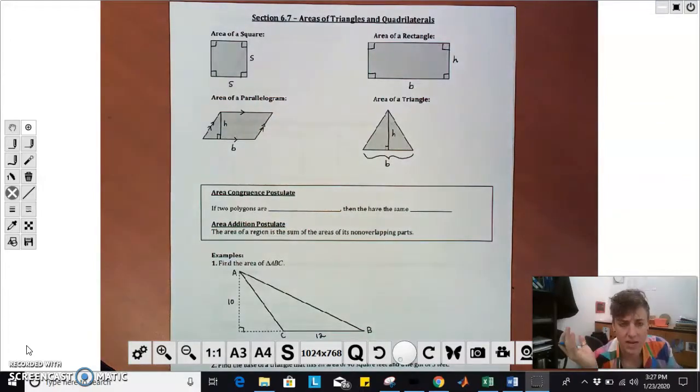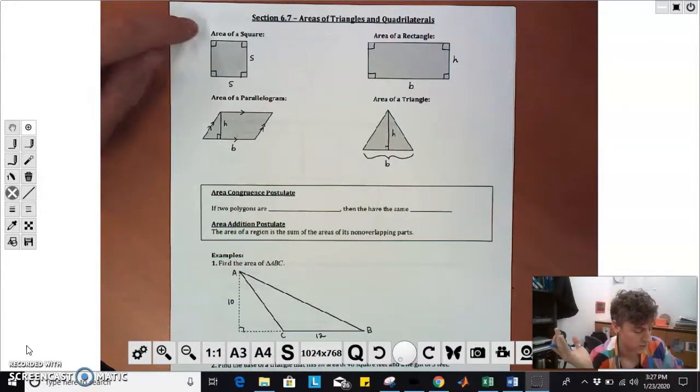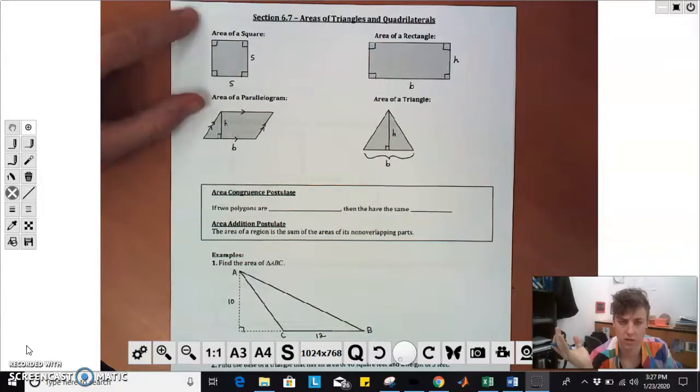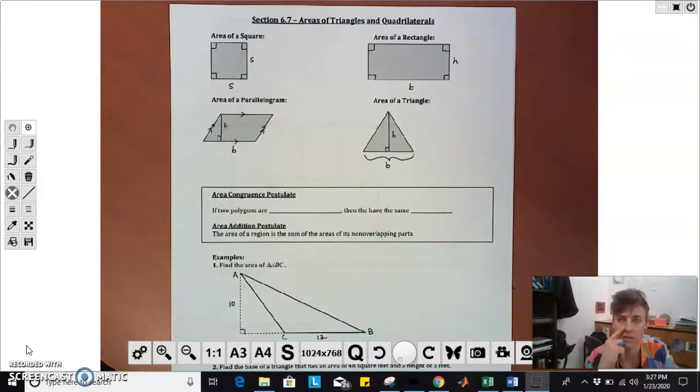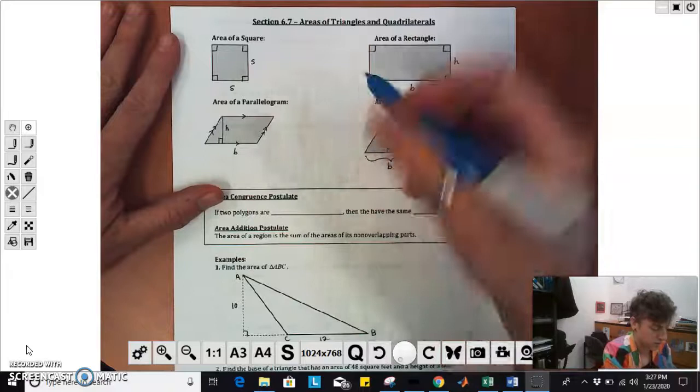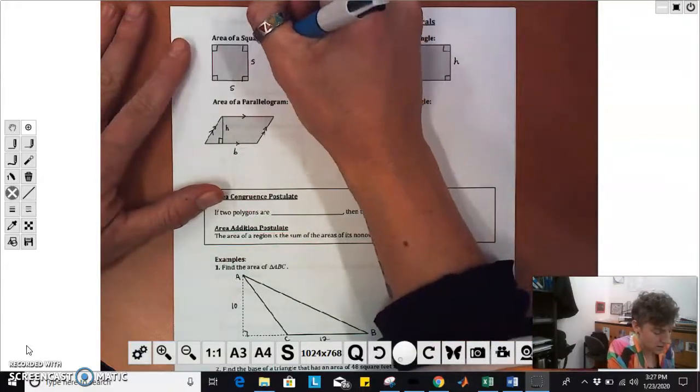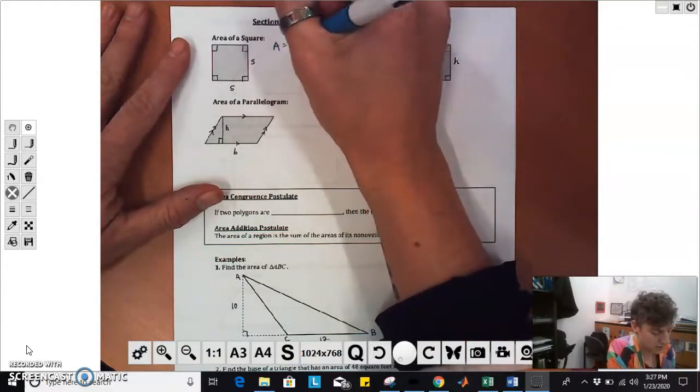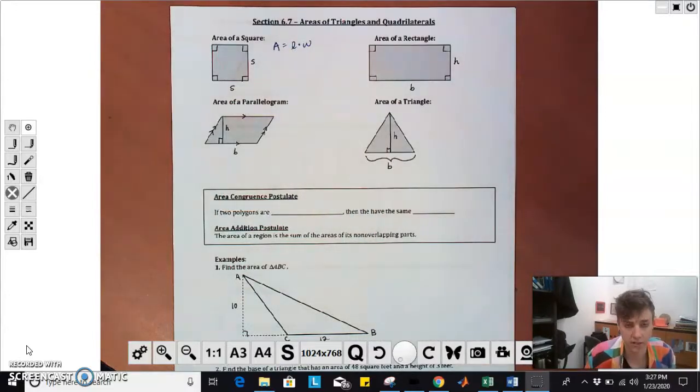All right, what's area? Well, it's how much space something takes up, right? So if we look at the area of a square, how much space does that take up? Well, you might think area is length times width, and you would be correct.